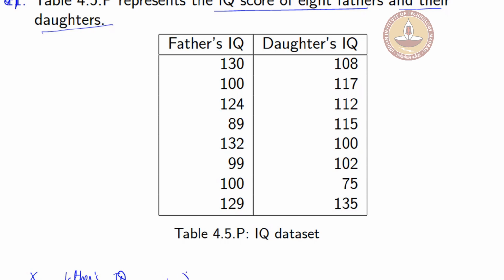Let's say X takes the value Xi, where i is varying from 1 to 8, and let's say Y takes the value Yi, where i is varying from 1 to 8. So this is our X, this is our Y.